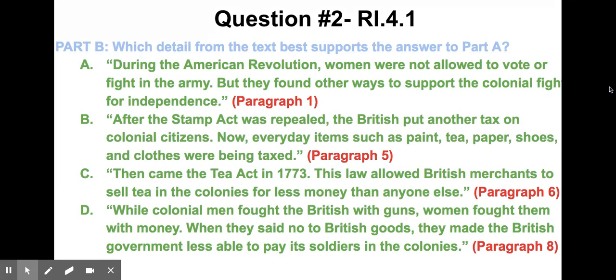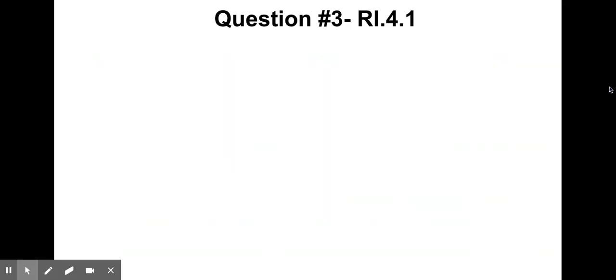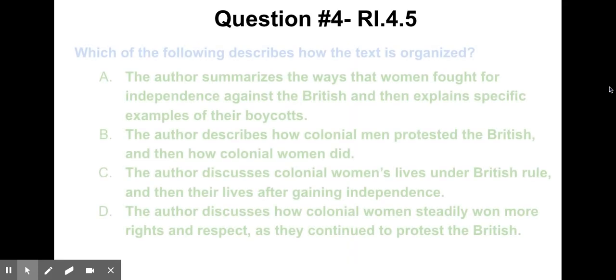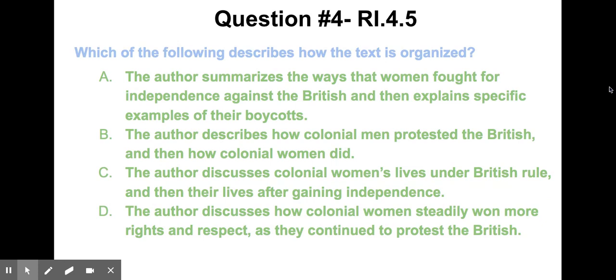2, which detail from the text best supports the answer to part A? 3, which alternate title expresses the main idea of the article? 4, which of the following describes how the text is organized?